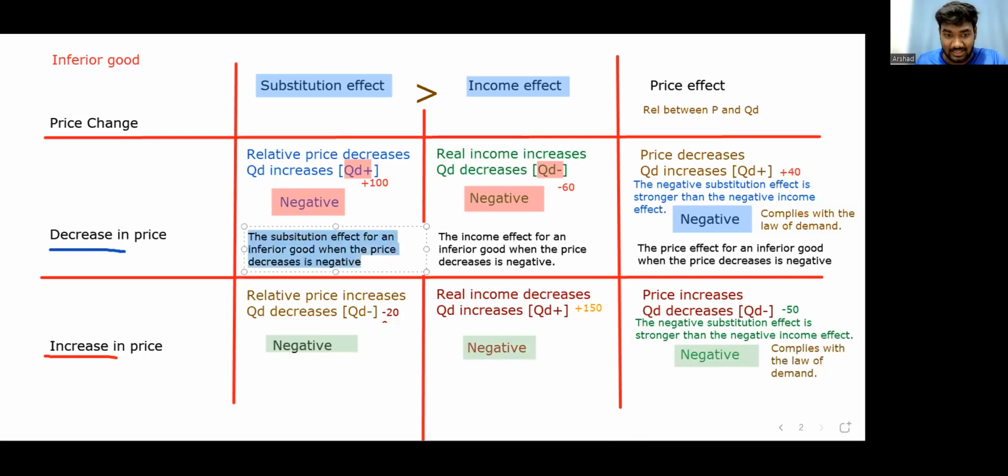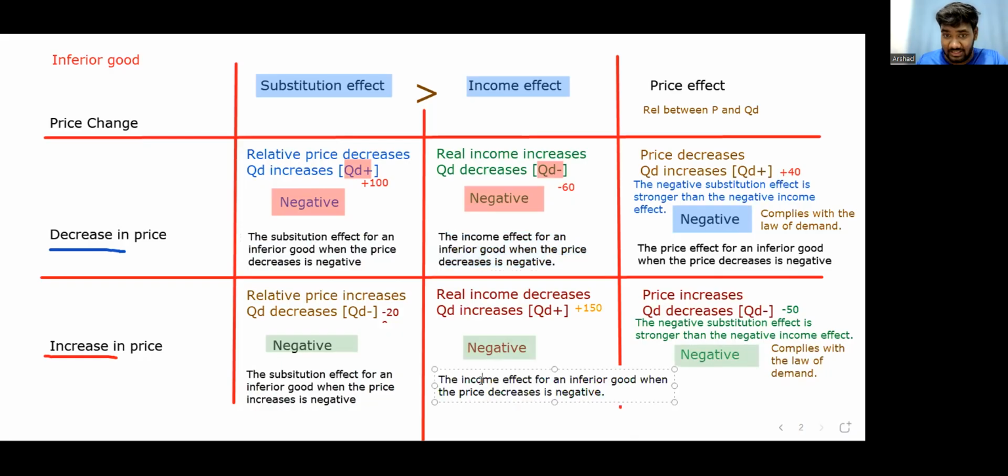The summary that I can write over here is: the substitution effect for an inferior good when the price increases is negative. What's the summary I can put over here? Here I can say the income effect for an inferior good when the price increases is negative, right? And what's the final one I can say?